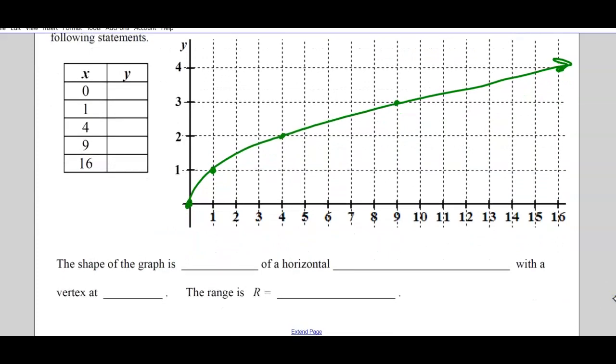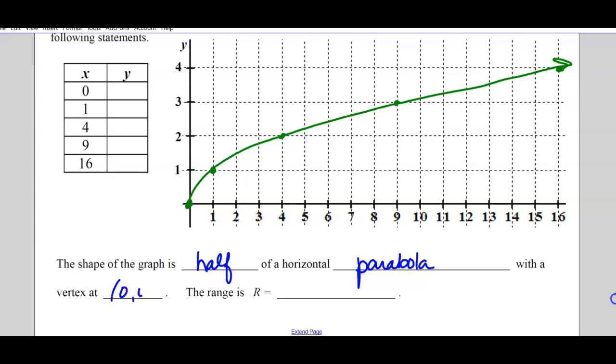So the shape of the graph is half of a horizontal parabola. We still call this a vertex. Okay, you know, with a parabola, the vertex is actually a turning point. In this case, it's not a turning point because it stops there or starts there, but we still call it the vertex.